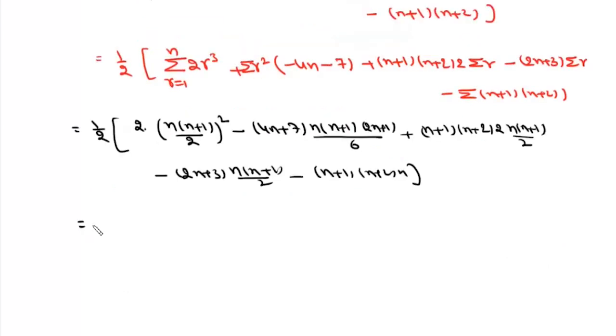Now here we are looking for the coefficient of n to the power 4. In this case it will be 2 into 1 by 2, so there will be this 1 by 2. Now here this coefficient will be 4 into 2, 8, 8 divided by 6.